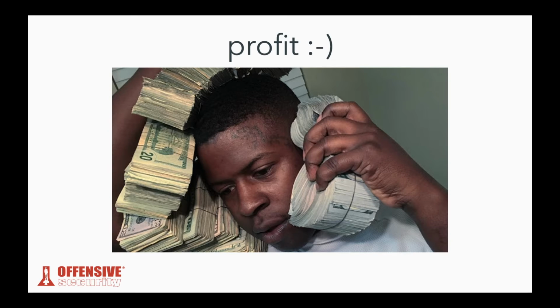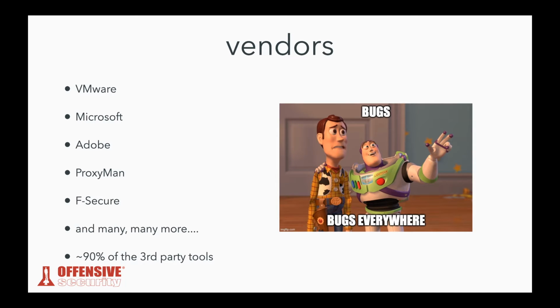Honestly, these bugs are everywhere. You will find these XPC bugs almost everywhere, really. I think 80-90% of all the third-party tools I audited were vulnerable, including VMware, Microsoft, Adobe, Proxyman, F-Secure, and many, many more.